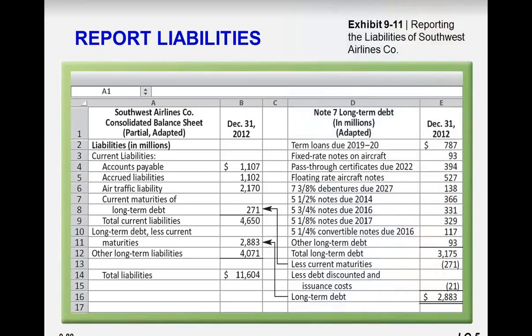So how do we report liabilities on the balance sheet? We want to make sure that we report the current maturities of long-term debts under current liabilities, and that we are reporting the long-term debt under the long-term section on a classified balance sheet.